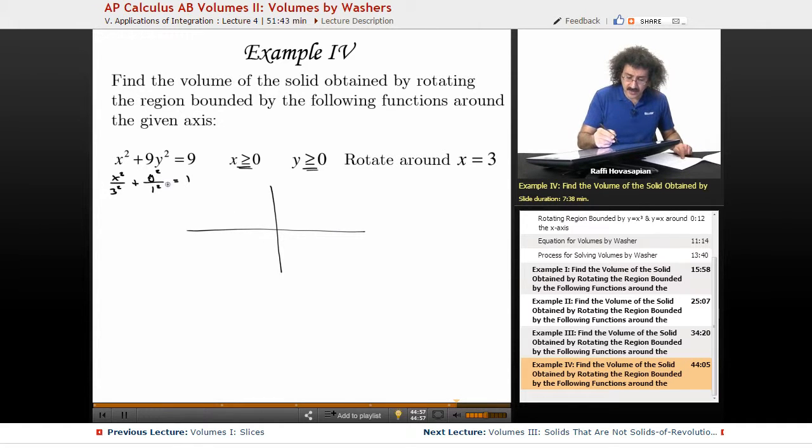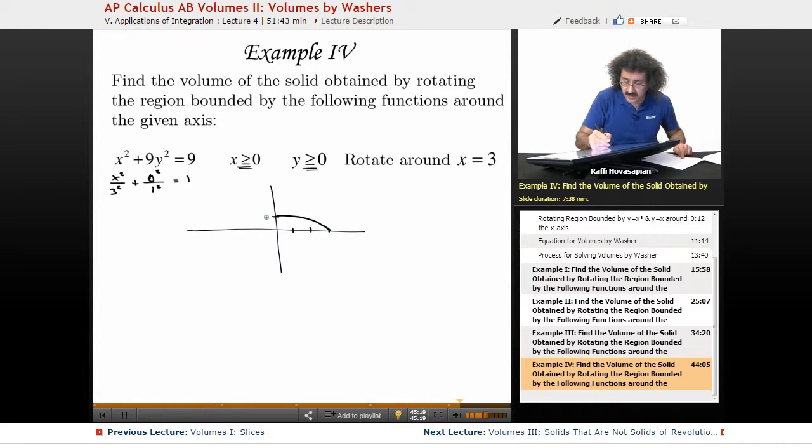Okay, so what we're looking at is an ellipse where in the x direction we're going to go 1, 2, 3. In the y direction, we're going to go 1, but we want only the region that's above the x-axis and above the y-axis. So it's just this region right here.